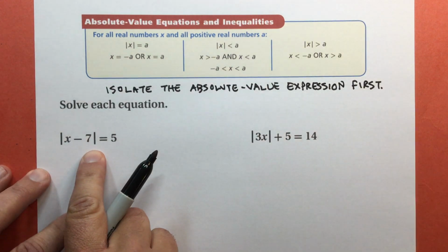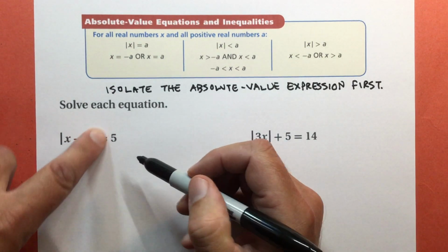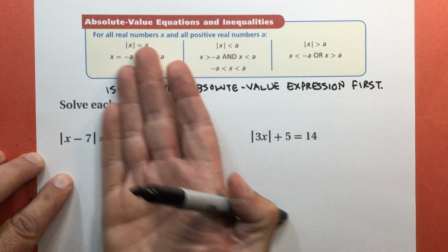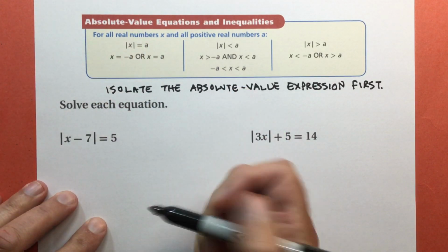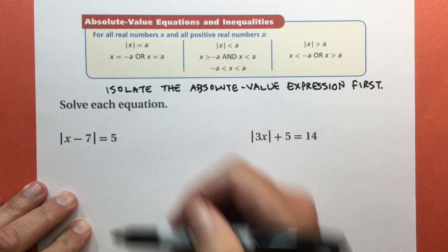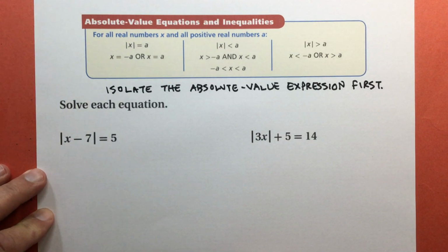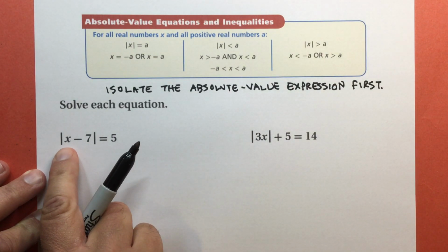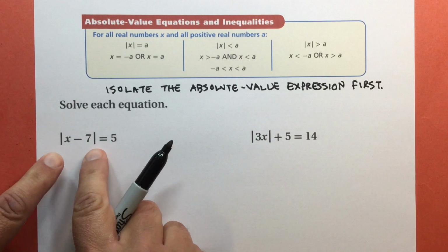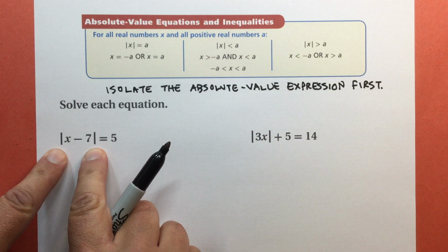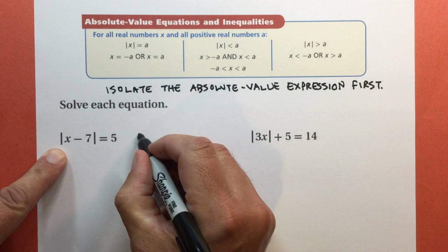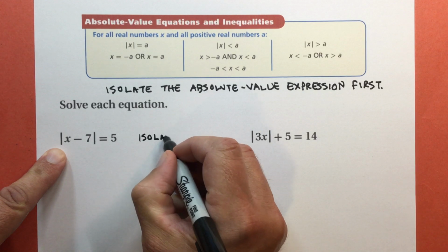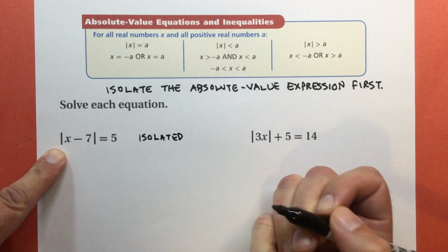Let's do this one. So I have an equal sign. The equal sign shows me the left side and the right side. And sometimes we even draw a line through it so that we can see the left side and right side. On the left side, everything is inside of the absolute value bars. So this is already isolated. So I'm good.